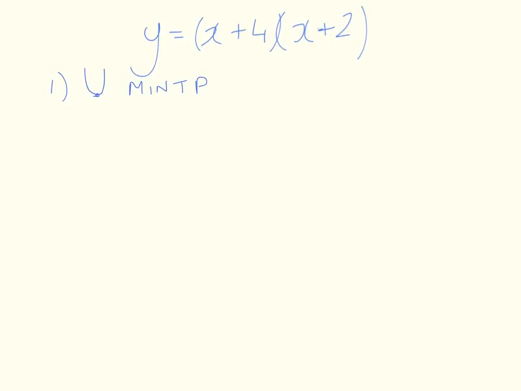Step 2 is we need to find the y-intercept. The y-intercept occurs when x equals 0. What I mean by that is the y-intercept is a point that's going to be on this line here, and the x-coordinates of all those points would be 0.